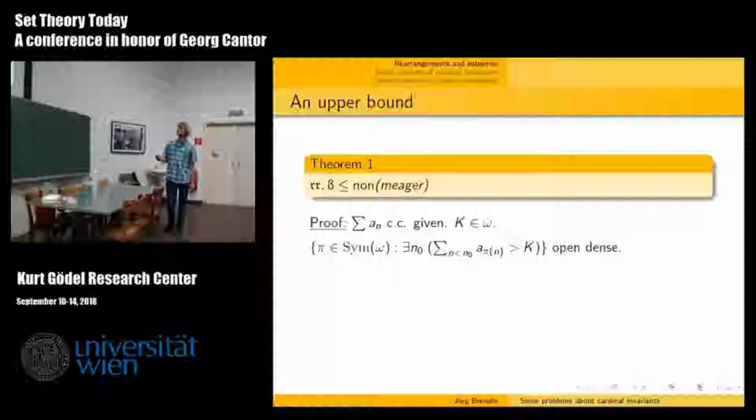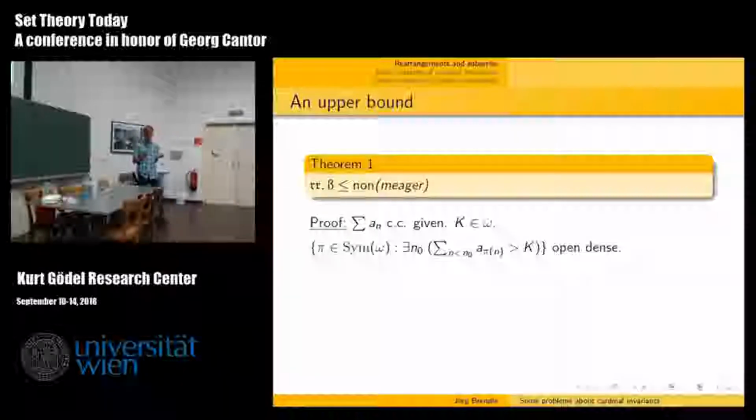And why is this true? Suppose you are given a finite partial permutation, then you can extend this finite partial permutation again by a finite part, so that if you look at this longer finite part, this sum is bigger than any given number k. And the reason is, by what I observed before, that if you have a conditionally convergent series, then if you sum over the positive terms, this sum must diverge to plus infinity.